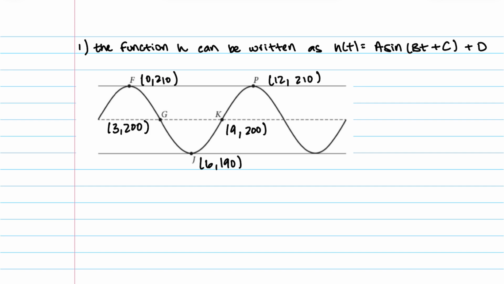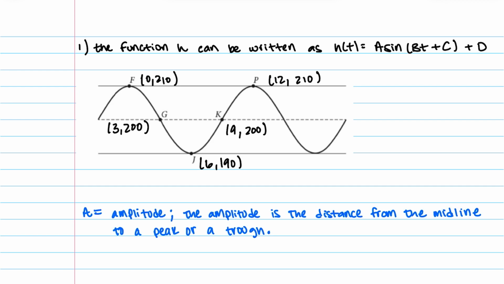Now, if you remember the general format of a sine function, a is the attribute that represents the sine function's amplitude. An amplitude is just a distance from the midline to a peak or a trough.